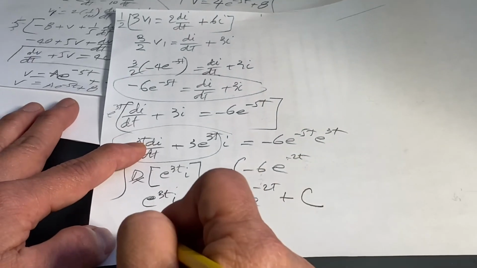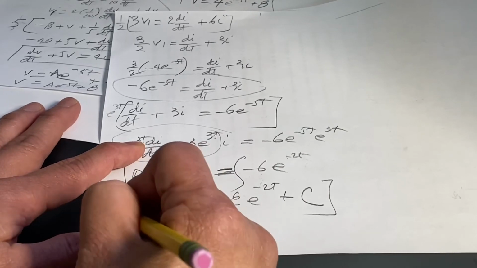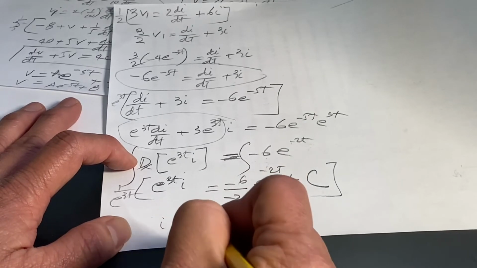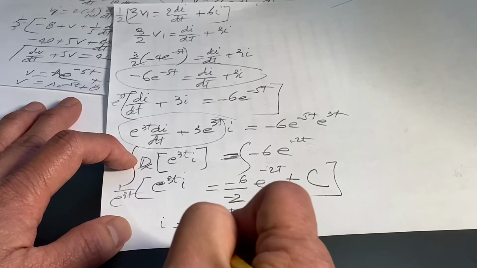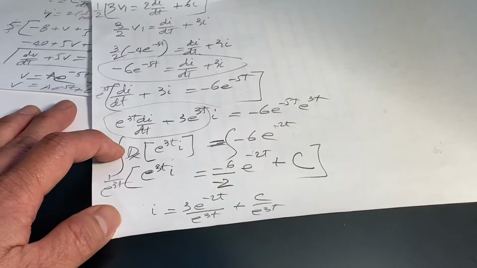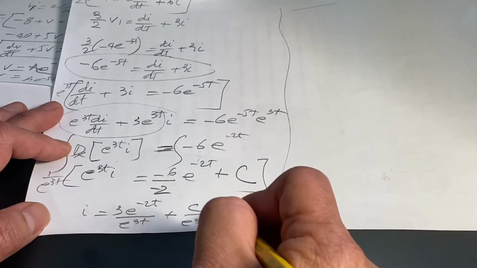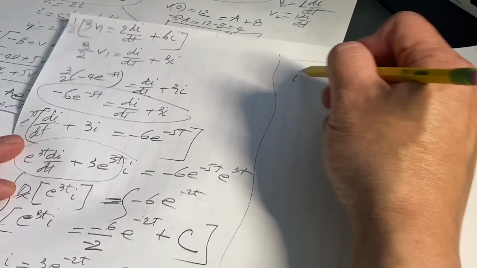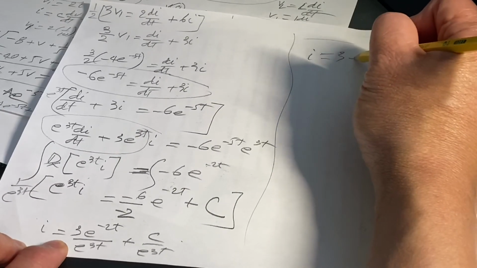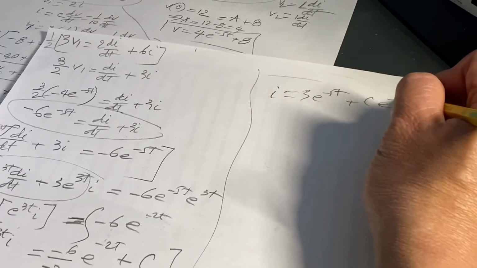Then I divide both sides by e^(3t). So I equals 3e^(-2t) divided by e^(3t) plus c e^(-3t). So the current I equals 3e^(-5t) plus c e^(-3t).